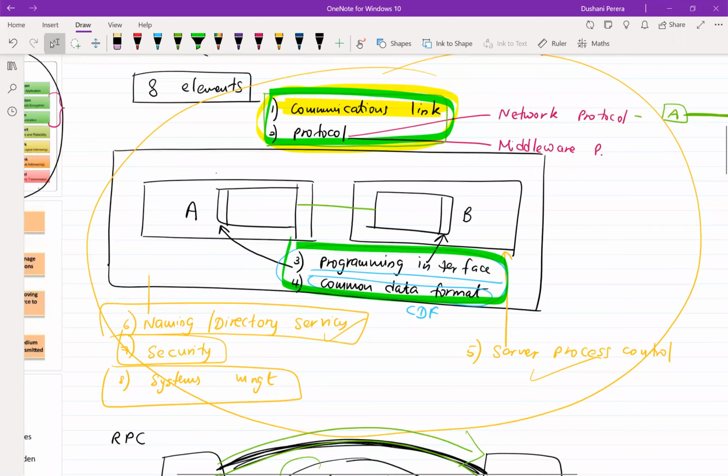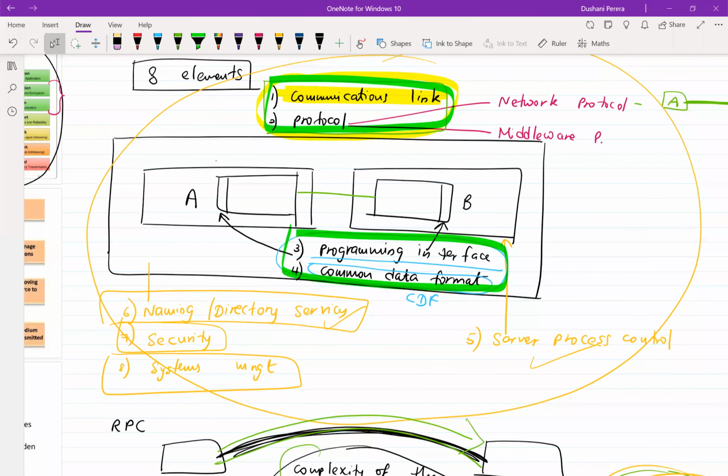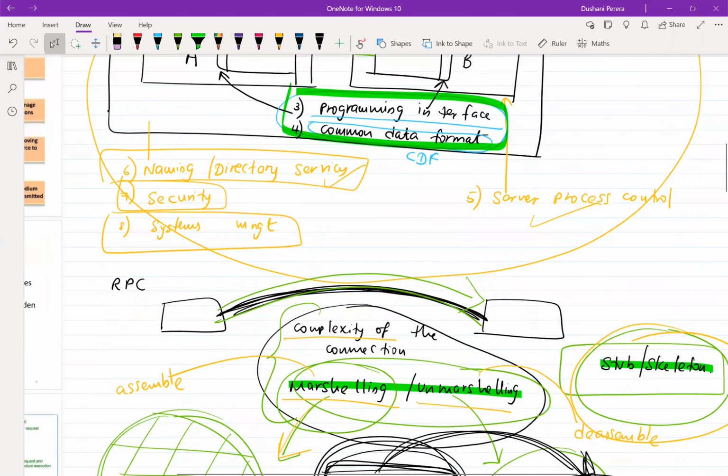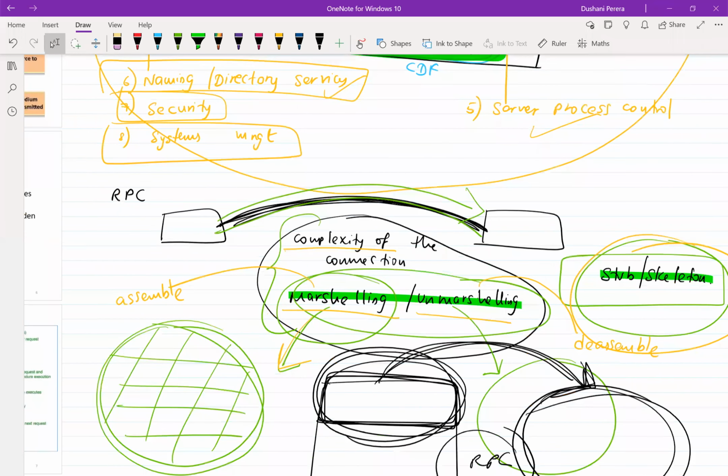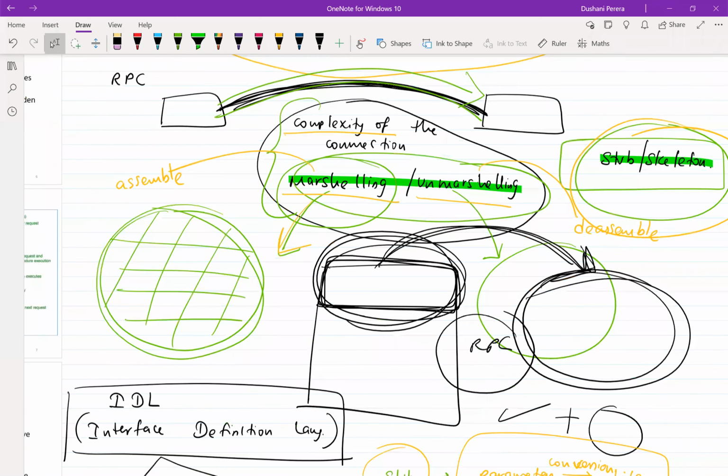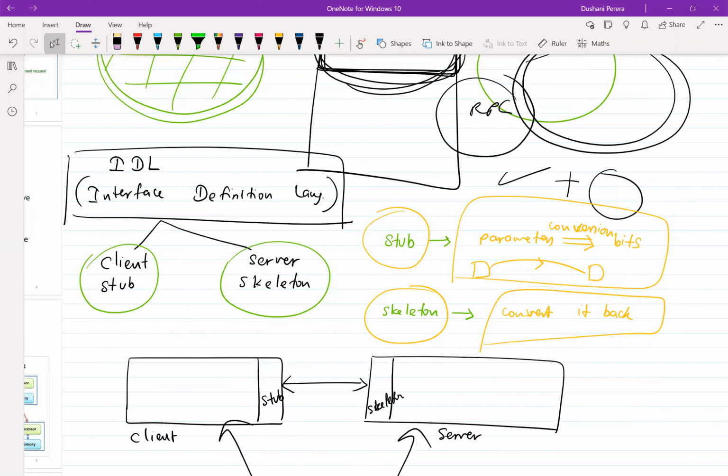Okay, we discussed the 8 elements in a middleware, and we said that the first 4 elements are enough in order to come up with the basic function of it, but the other 4, the latter part, is necessary to establish a proper communication which is reliable, etc. Okay, and then we spoke about RPC, which is a type of middleware, and we said that it hides certain functionalities. We came across marshalling and unmarshalling, which are performed by things called stubs and skeletons in an RPC.